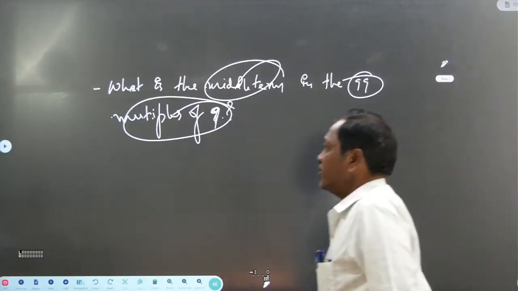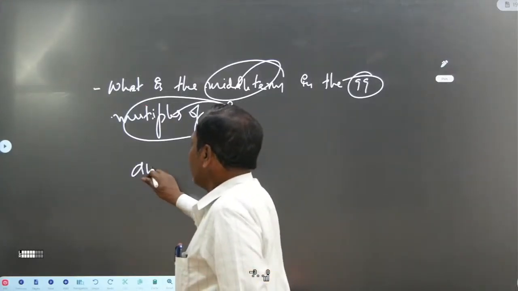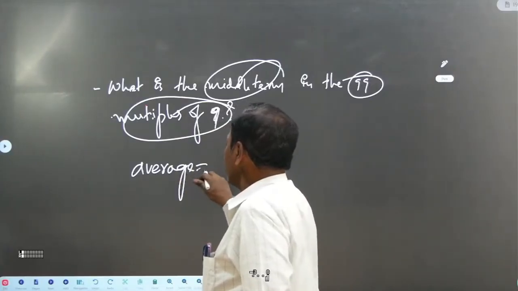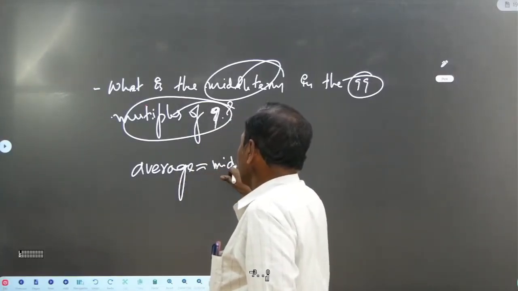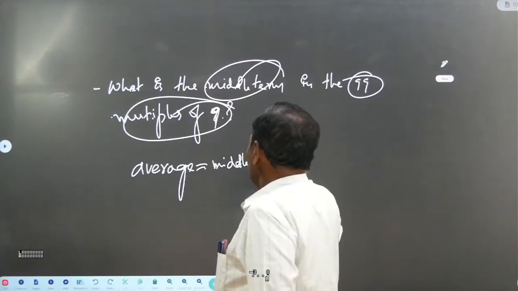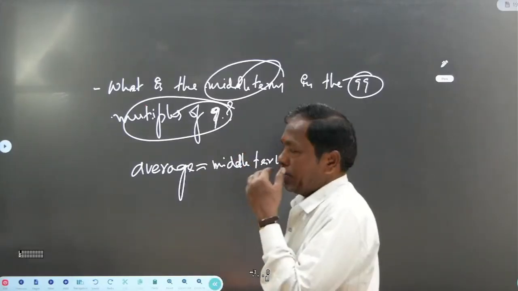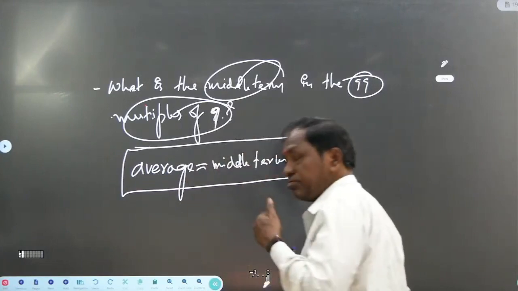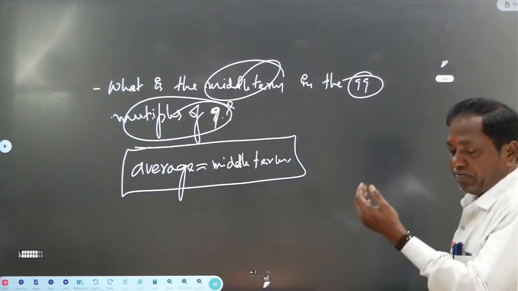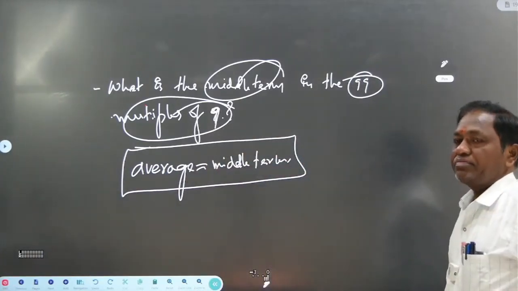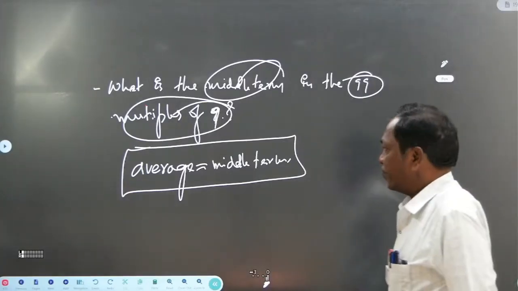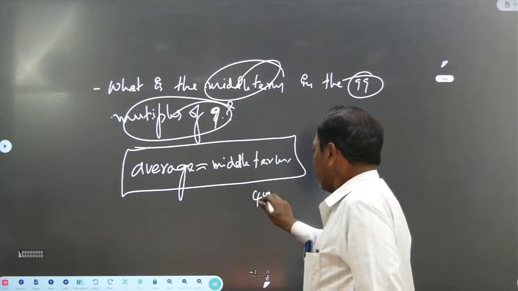It means what? Average is equal to middle term. 455.